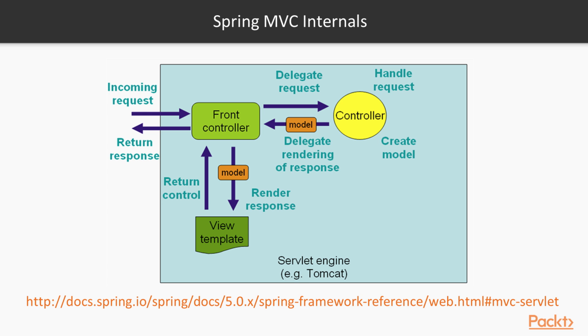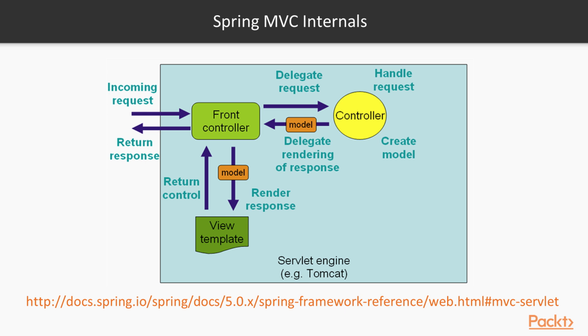The initial call is an incoming request, where the request is coming to the front controller, usually the dispatcher servlet, which determines which controller should handle this request and then delegates request handling to exactly this controller according to the request mapping defined on this controller.